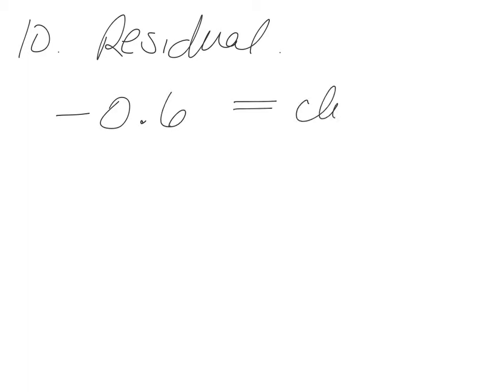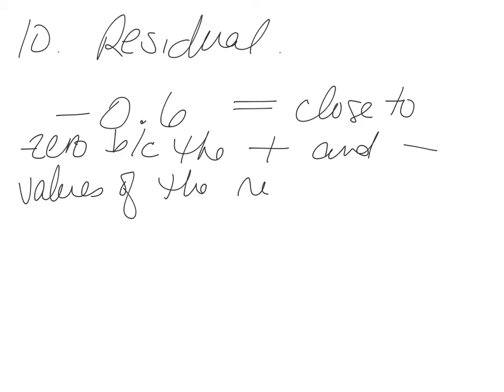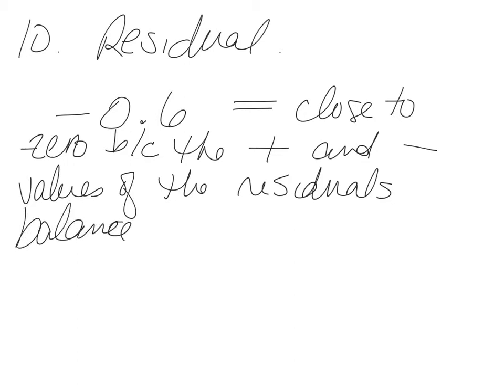That's actually really close to 0, because the positive and negative values of the residuals balance each other out. Not all the residuals are close to 0, but the positives and the negatives balance each other out.